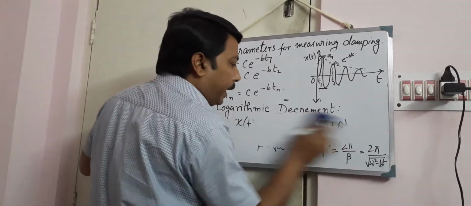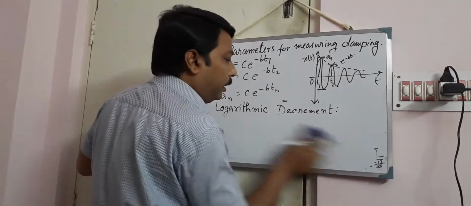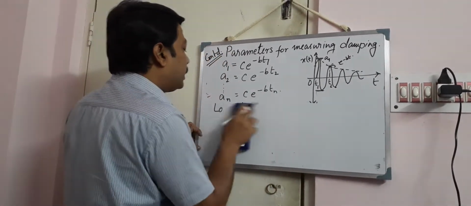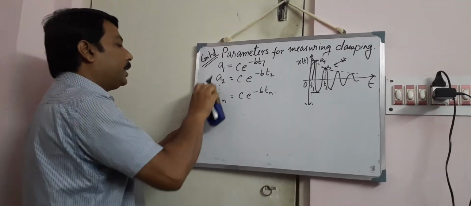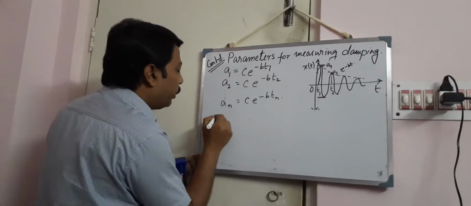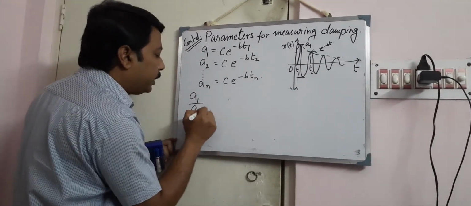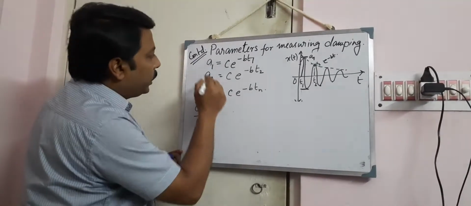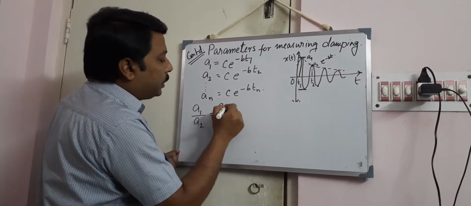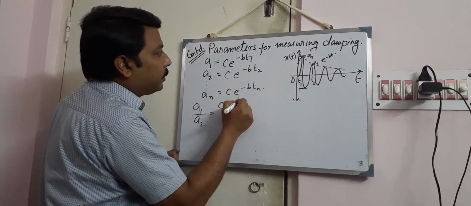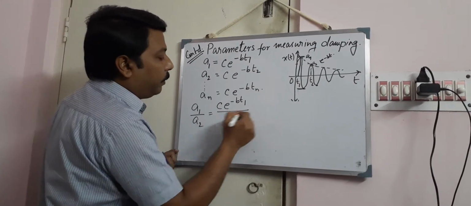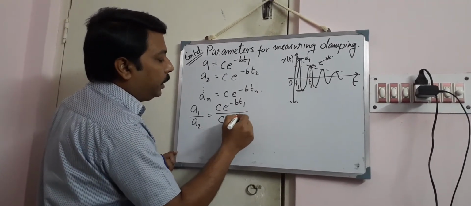If we take the ratio of these successive amplitudes on the same side of equilibrium, let us calculate a1 by a2. So a1 by a2 is c e to the power minus b t1 divided by c e to the power minus b t2.